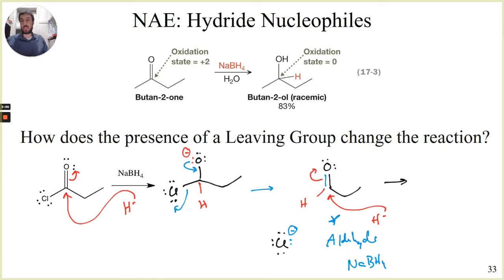That second addition gets us now to that oxygen with the negative charge that can't really stabilize. Now it can go out to the solvent, and we can pick up a hydrogen from our solvent, and we would end with our final alcohol.